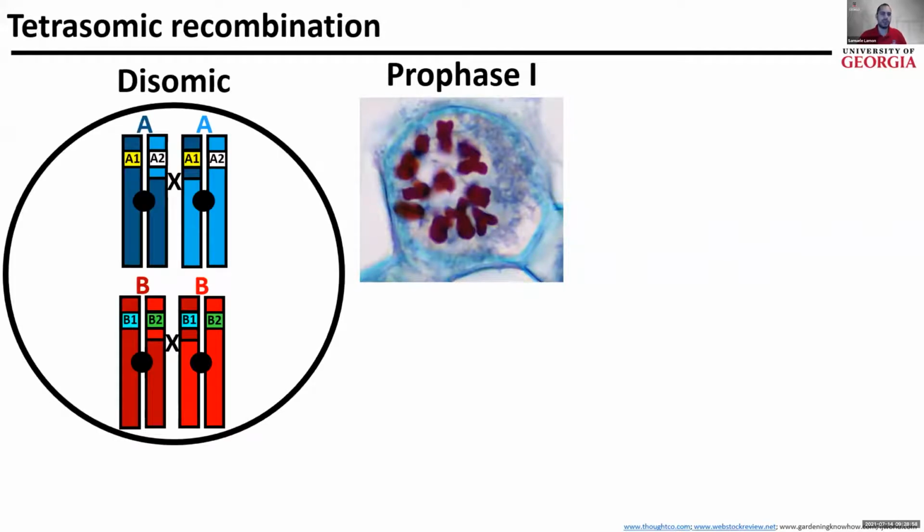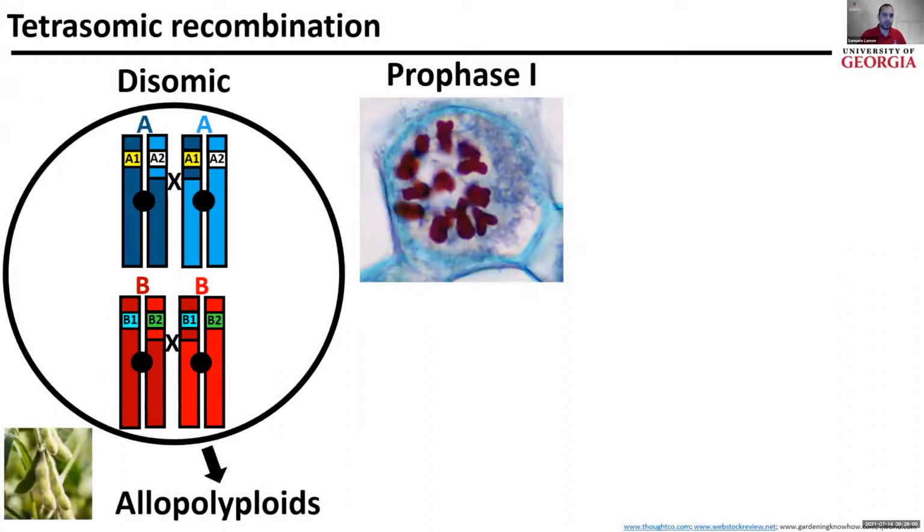The first one is the disomic model, which is typical of allopolyploid species like soybean, because these are species that originated from the cross of two or more species, and so they have more than one genome. So in this case, you can see there are two subgenomes, and so you can see there is disomic pairing, bivalent pairing, and disomic recombination just within the subgenome.